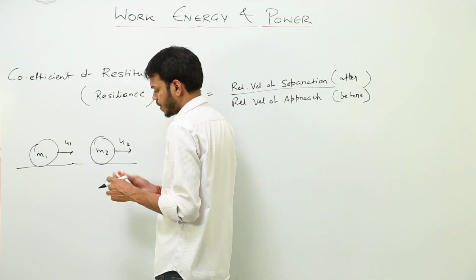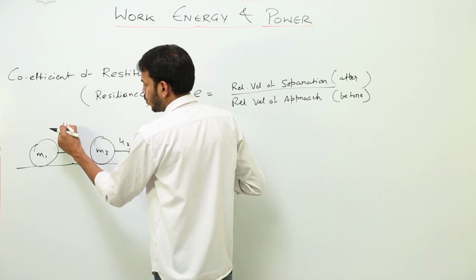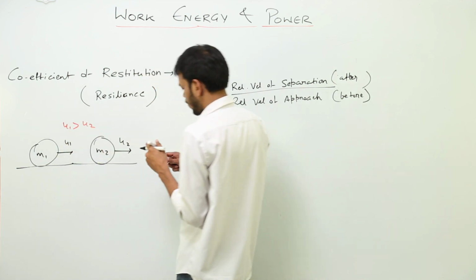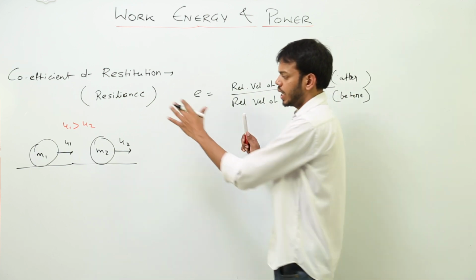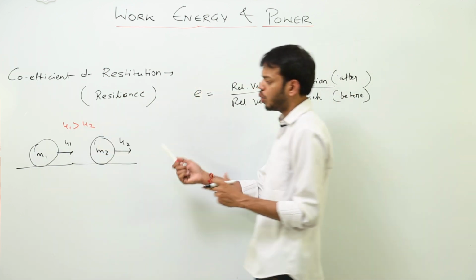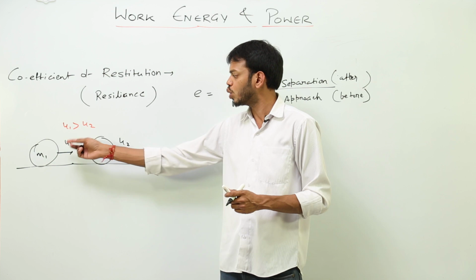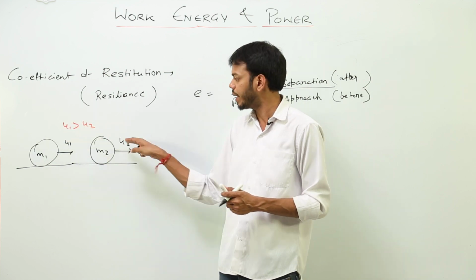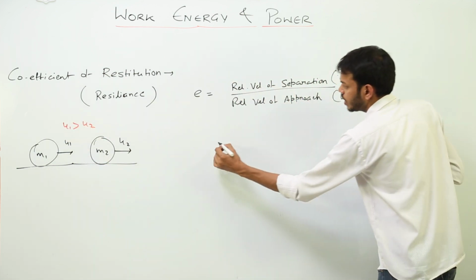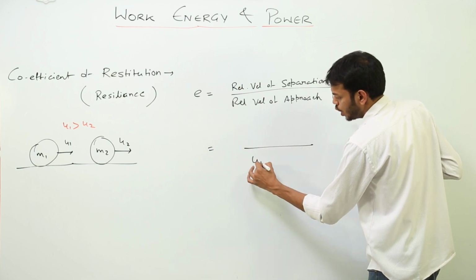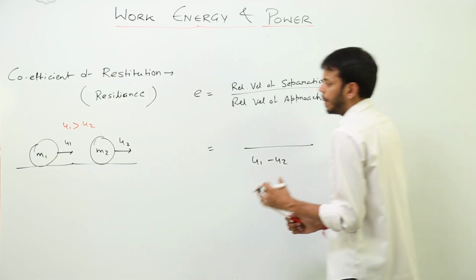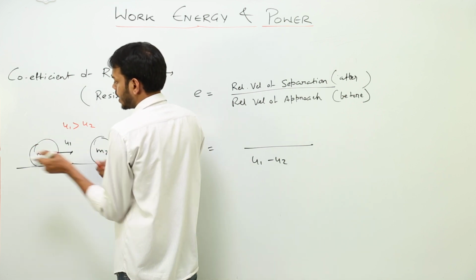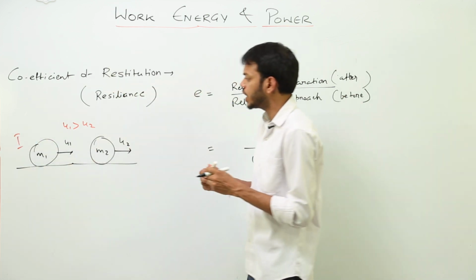We have supposed that initial velocity u1 is greater than u2, so the relative velocity of approach would be u1 minus u2. But this is the initial case, before collision.